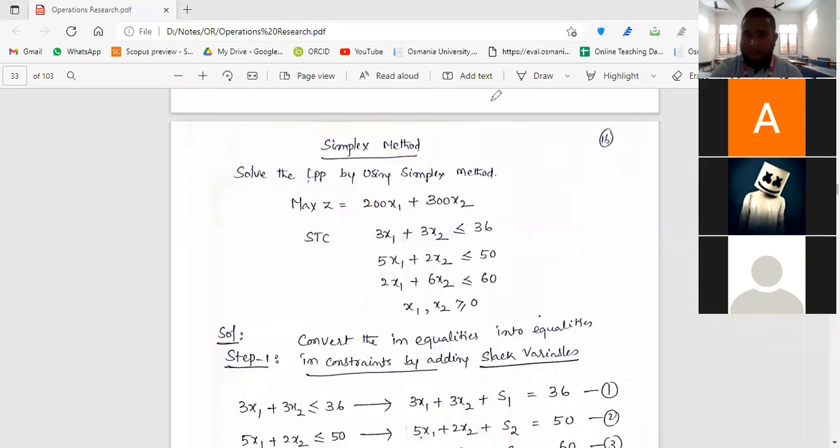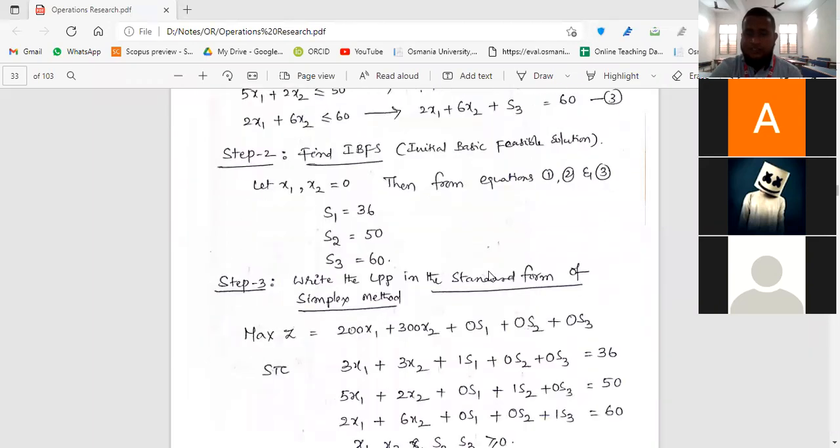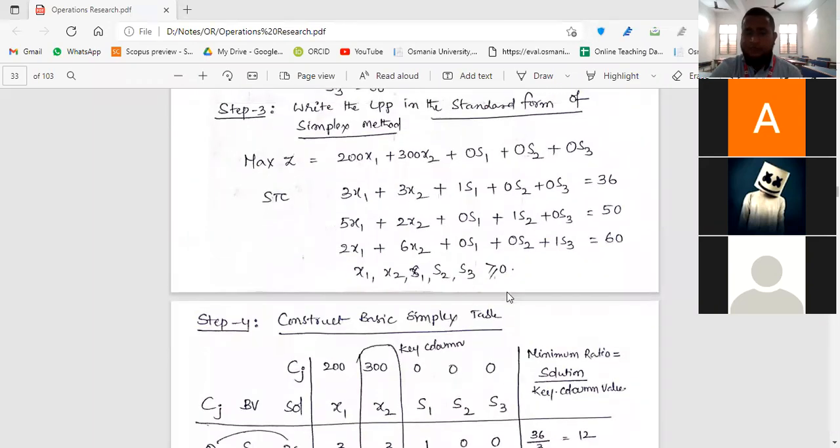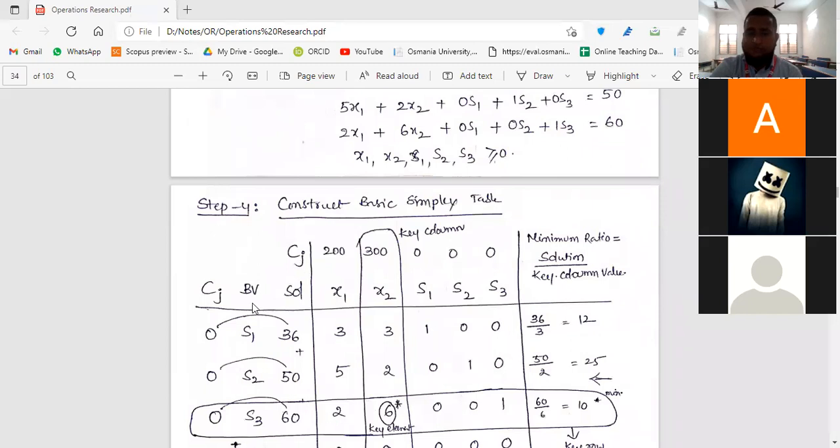So likewise, in the construction of the basic simplex table, you are writing the basic variable, contribution to the objective function, solution, Cj. So what do you have? You have x1, x2, S1, S2, S3. What is the contribution of x1 in the objective function? 200x1, so 200 you have to write. You are following, please. 200 is your value, right?